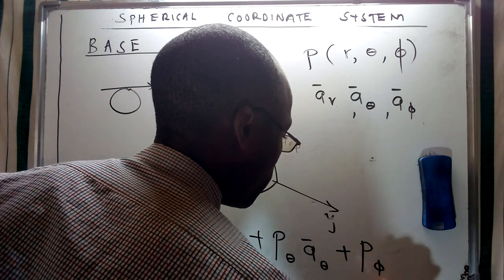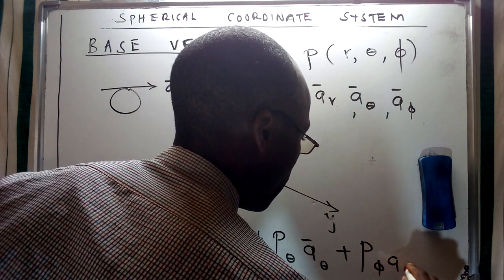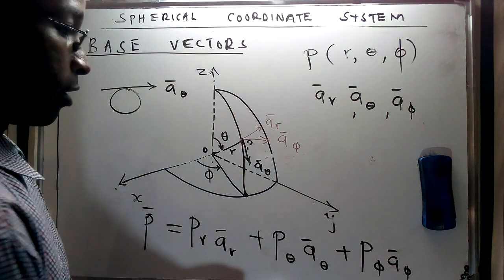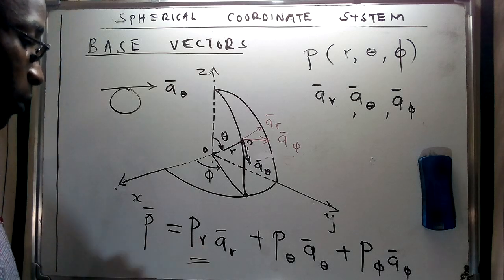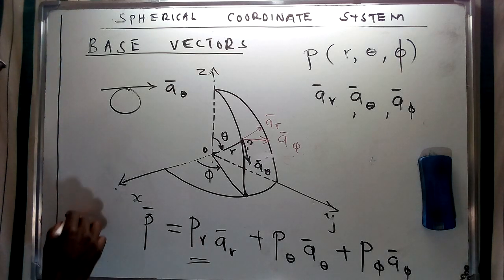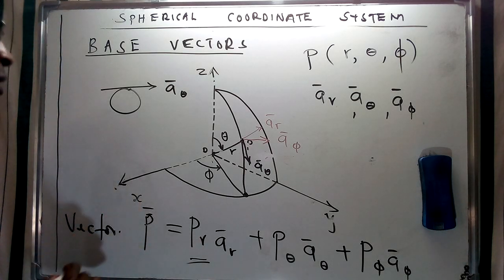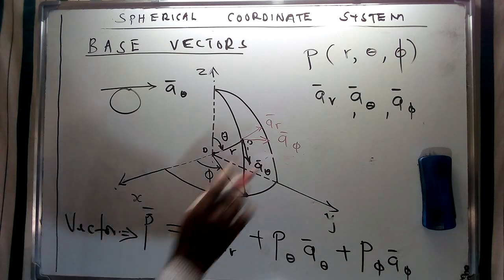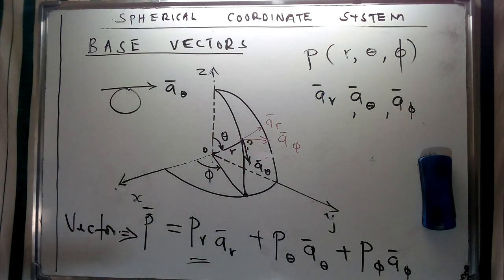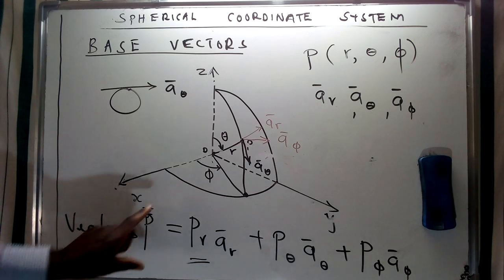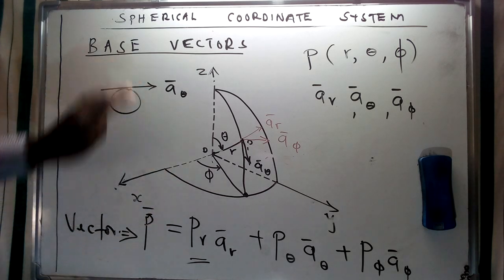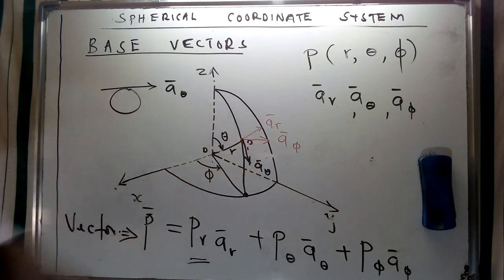So this is going to be P phi, and a phi. This one and this one are going to be angles, whereas this one is going to be the radius, and therefore this is going to form a vector P insofar as the concept of unit vectors is concerned. These are going to give us the aspect of these angles in relation to these three surfaces, which are interacting for the spherical coordinate system.